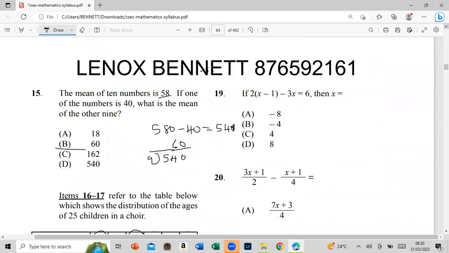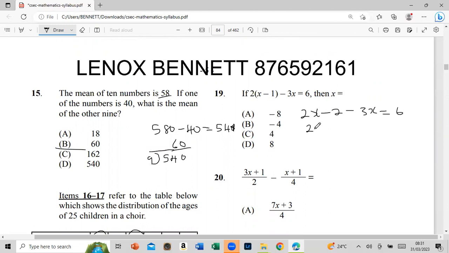Alright. If 2 times the bracket x minus 1, minus 3x equals 6, then x is equal to. So let us expand the bracket. 2 times x, 2x. 2 times negative 1, negative 2. Then minus 3x. And that will give us 6, right? So we're going to group the like terms.